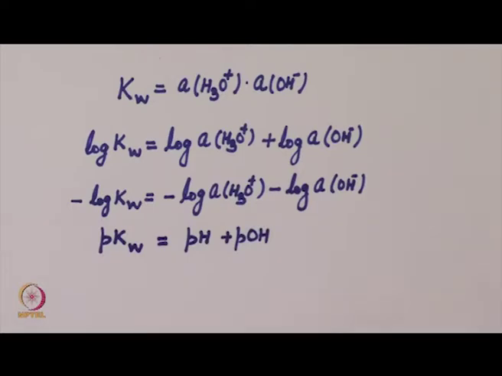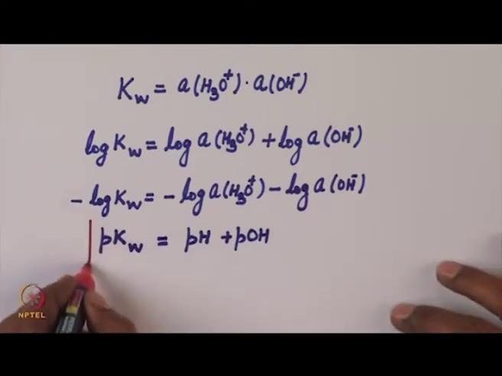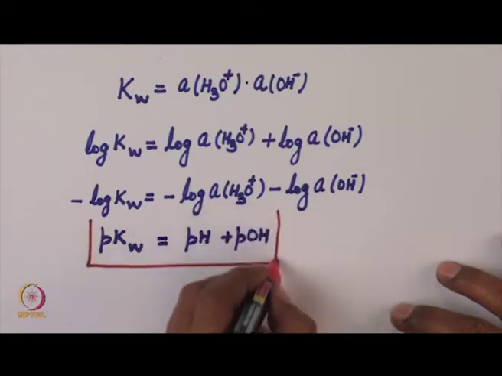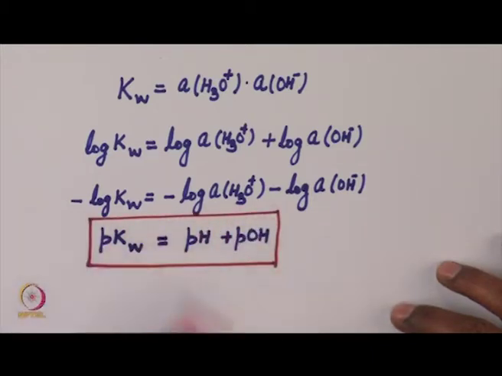So you see, we develop a very important relation: pKw is equal to pH plus pOH.